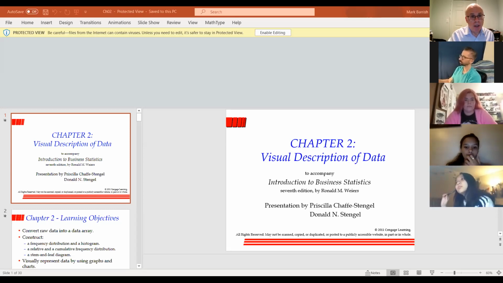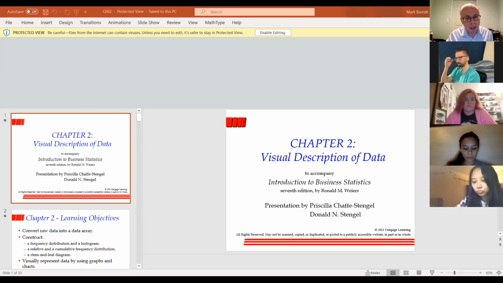All right. There's some terms that the book uses: data array, an orderly presentation of data, in either ascending or descending numerical order. That's just a definition they're making. I don't really see this definition in other books that I've used. Frequency distribution is a table that represents the data in classes.